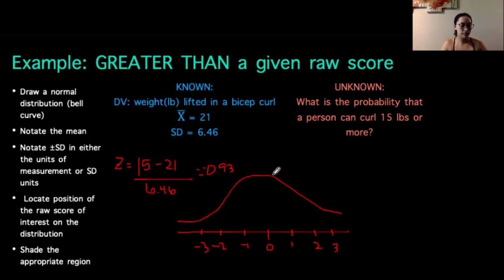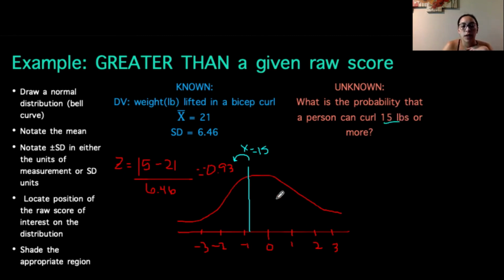I'll round up. Okay, so in our distribution, negative 0.93 should exist between 0 and negative 1. Let's say it exists here. Okay, so that's this guy, which is also equal to x is 15, which is our raw score here.